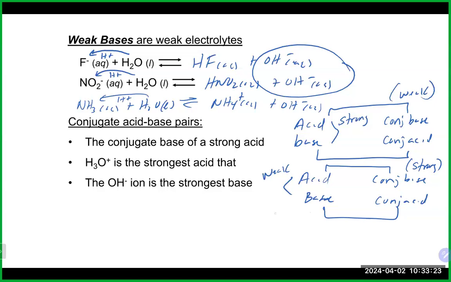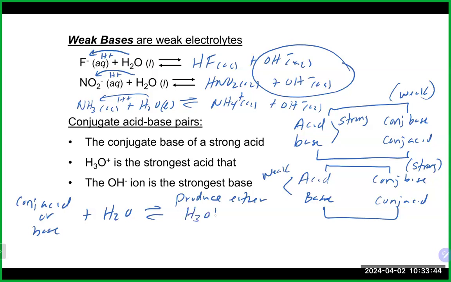So if you have one of those situations, the conjugate acid or base can continue to react with water. The result is you will produce, depending on what you're starting with, either H3O plus or OH minus.